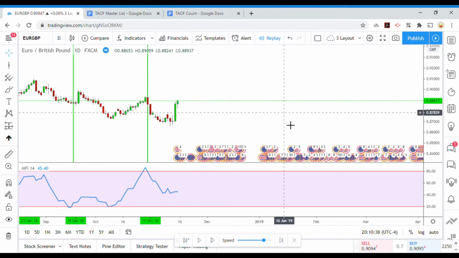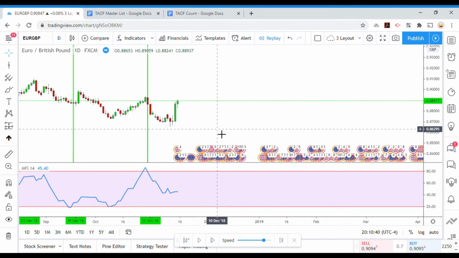If we were to spread this out across 3 or 4 times the 28 different pairs that we use, the regular pairs, then that is obviously close to 90 trades in a year.